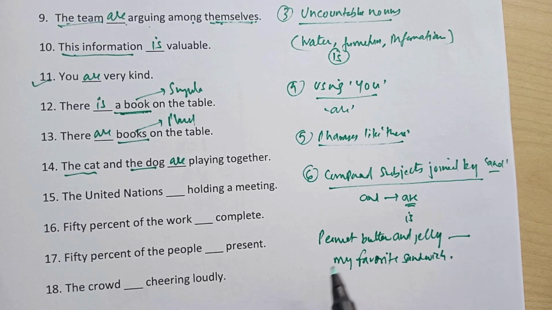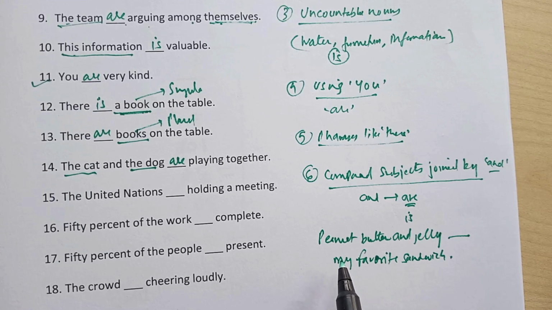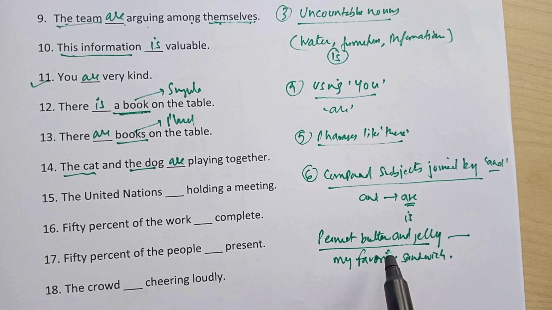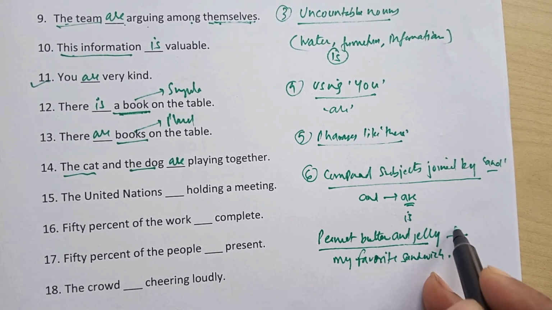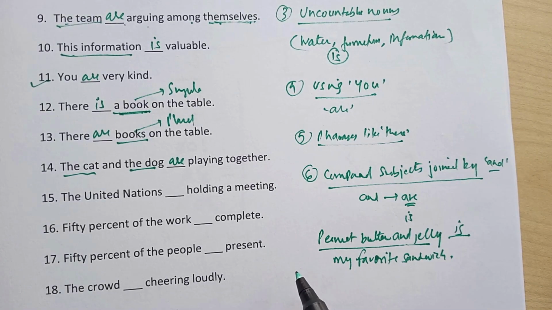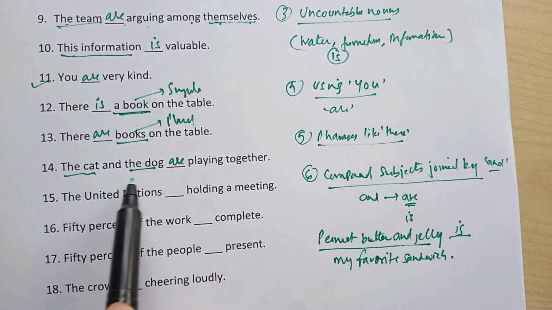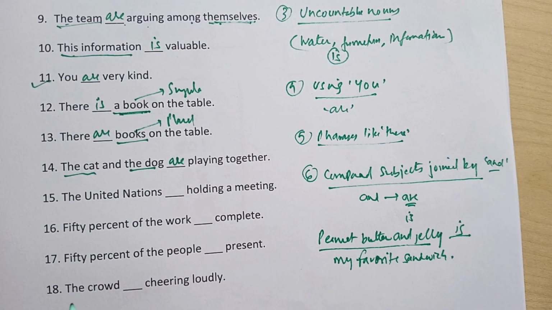So what did I teach you here? If the compound subject refers to the same thing, then we use "is." Peanut butter and jelly refers to the same thing, so we'll use "is" here. In the case of the other example, we used "are": the cat and the dog are playing together.